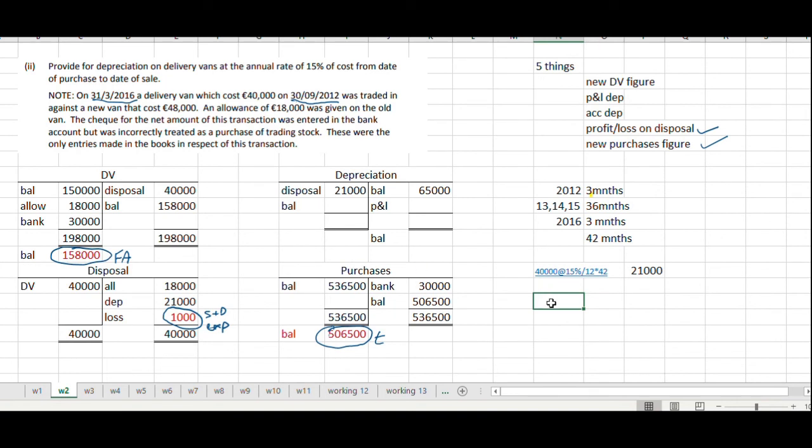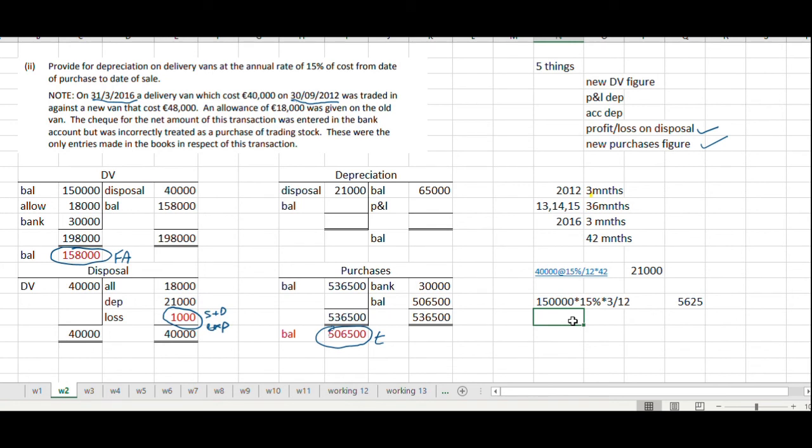So for the first 3 months, it would be 150,000 at 15% times 3 over 12 because it was for 3 months. What that would give us is 5,625.